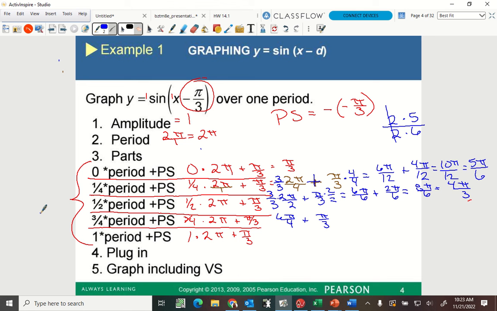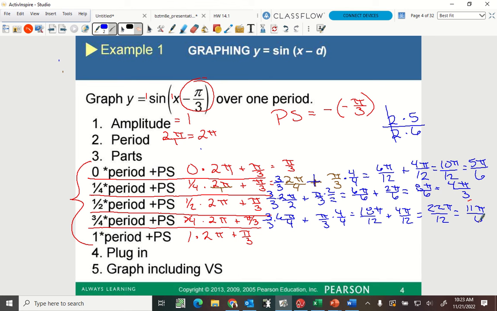Anyway, this one, same thing, it's going to be 12 again. So, times 3 over 3 times 4 over 4. So, that's going to be 18 pi over 12 plus 4 pi over 12, 22 pi over 12, which reduces to 11 pi over 6.